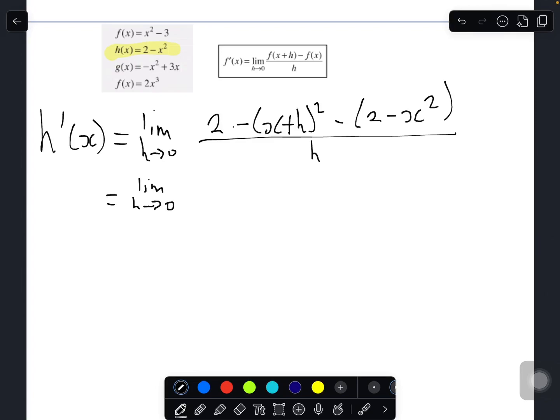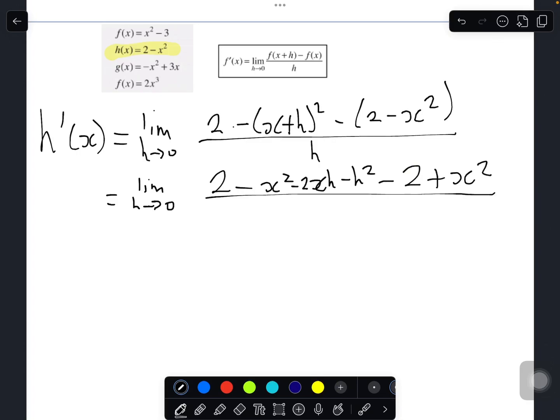And I'm going to have 2 minus x squared minus 2xh minus h squared minus 2 plus x squared over h. We're now going to cancel off.